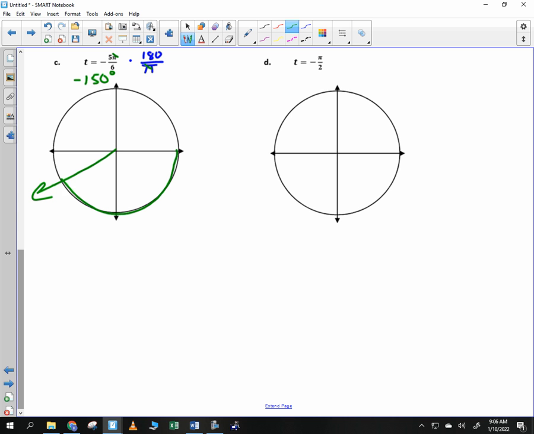I always draw the triangle against the x-axis. So if this is 150 degrees to get back here, how many degrees are left over? 30. What kind of special triangle do I have? A 30, 60, 90.